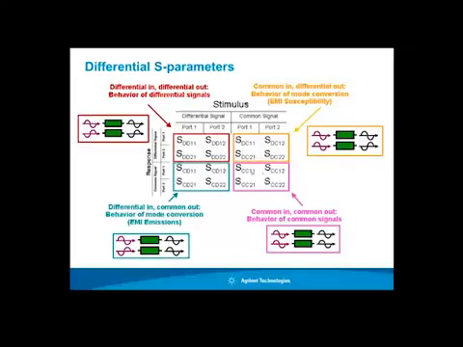Quadrant 4 down here is not so important. It's common stimulus, common response. But 2 of the most interesting quadrants, I believe, are quadrants 2 and 3. These 2 quadrants are called mixed mode S parameters, and anytime you have any non-zero magnitude levels in these parameters, that means you are converting one mode of propagation into a different mode, and that's not good.